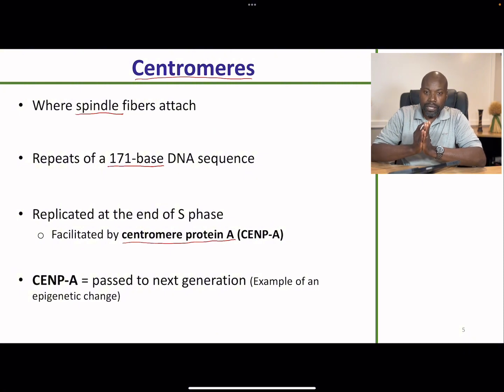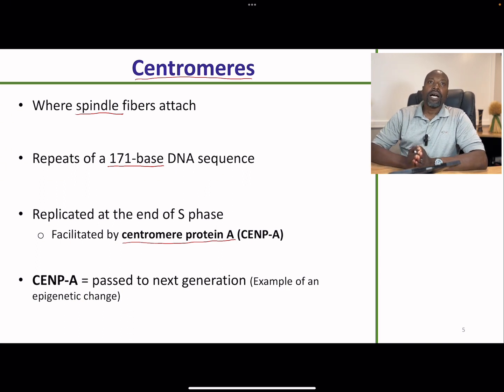And believe it or not, during the S phase of interphase, these proteins are not only going to facilitate the replication and bringing the two sister chromatids together, but in addition, centromere protein A, CENP-A, is going to be passed down to the offspring.